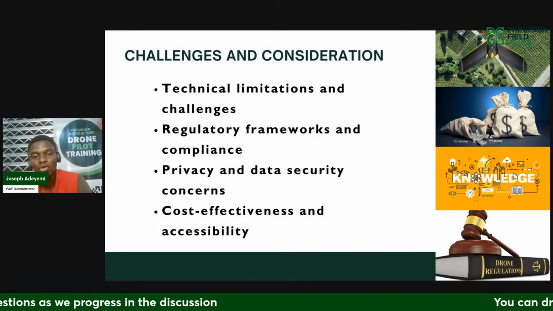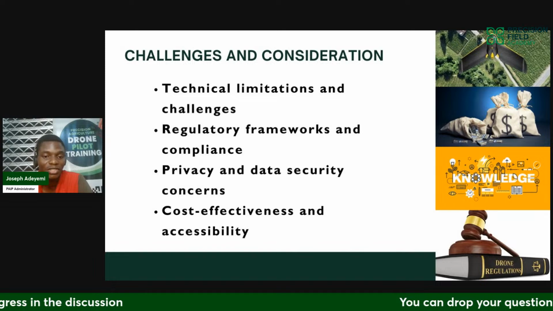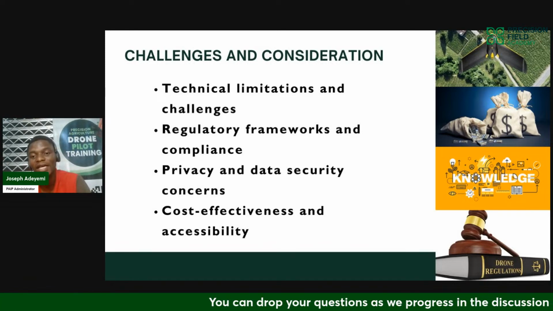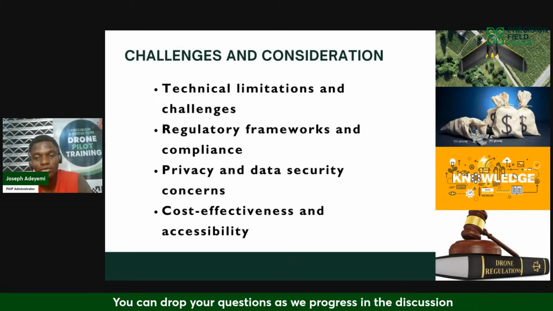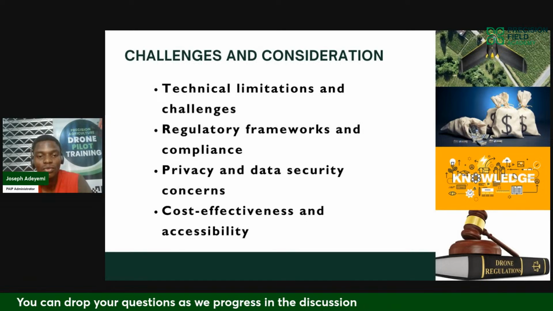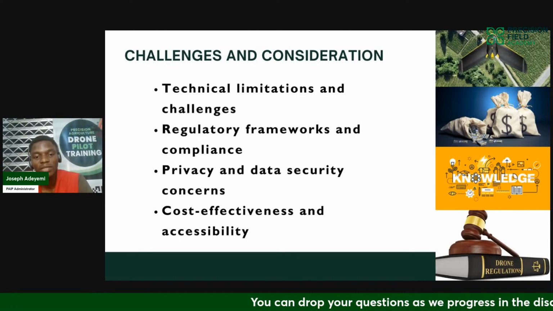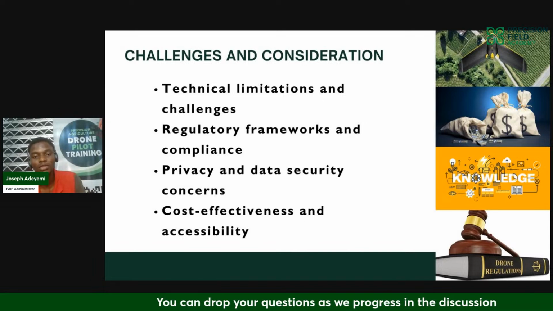So drone technology would still be a threat to them, and that's why drones are classified as second-class citizens in aviation. It's your responsibility to adhere to compliance and safety regulations in order to avoid being jailed.